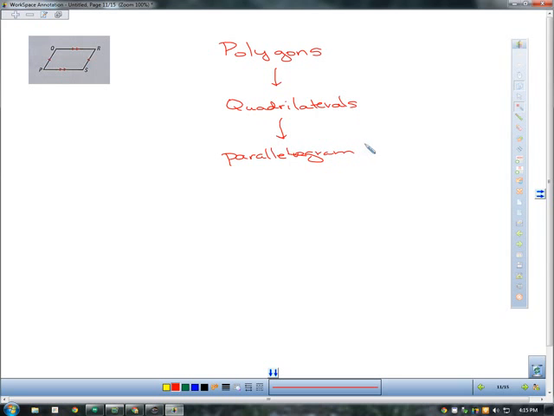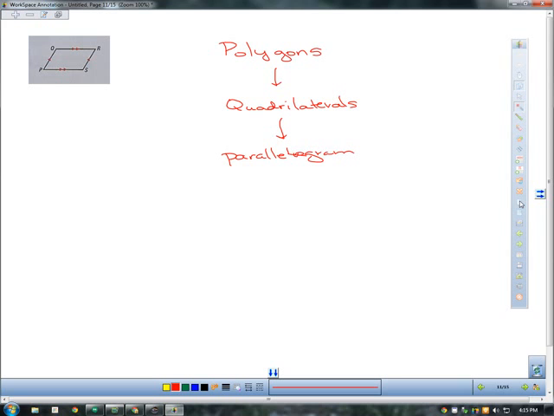We're setting up some rules to use for proofs, but these are not going to be like the proofs that you dread, okay? Basically, we're going to defend that this is a certain kind of parallelogram, quadrilateral, or polygon.